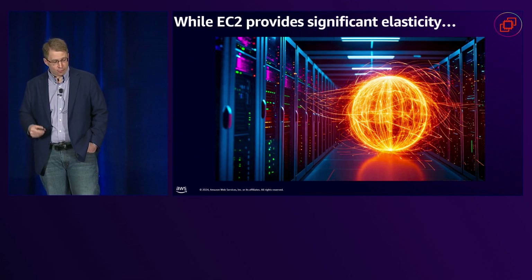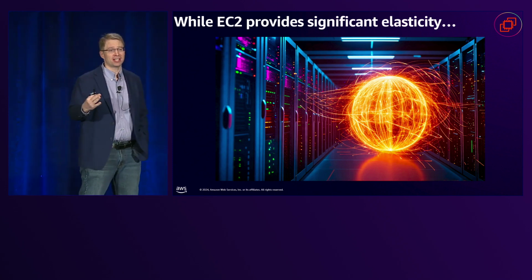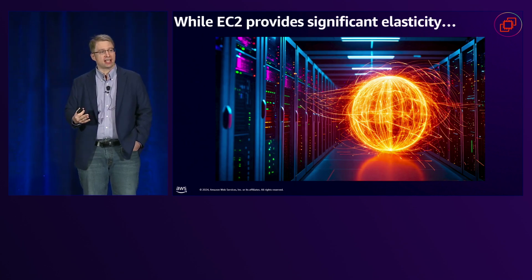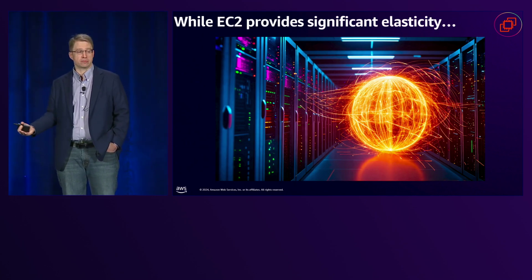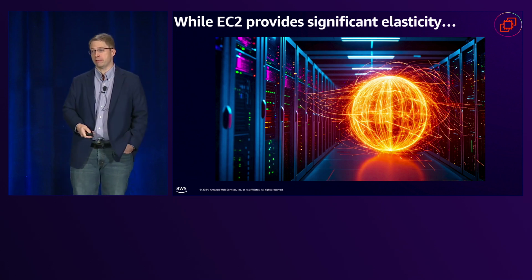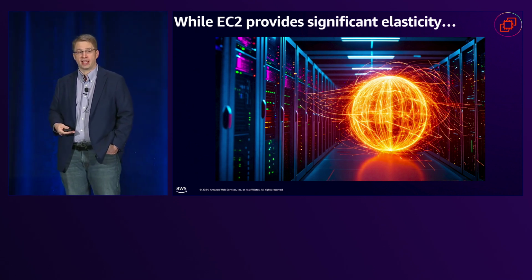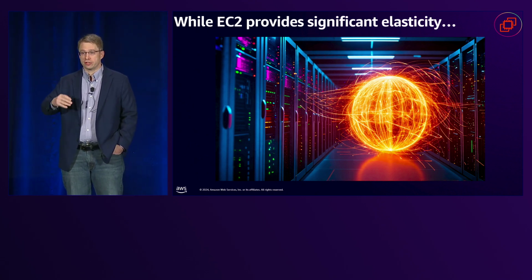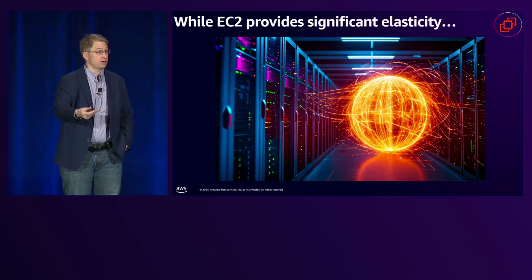Now, while we work significantly hard to provide this illusion of infinite capacity, the reality is that on-demand is built on a shared capacity pool. And that means that if there's other customers that want that capacity too, they may be able to actually claim it. So often when I'm talking with customers, one of the questions they have is, how do I make sure that I increase that capacity availability so that I can have capacity when I need it?